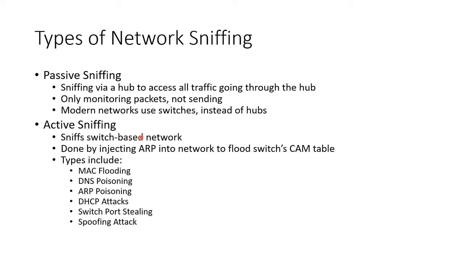So you have to ARP poison the switch in order to get the switch to give you stuff that is not meant for you. And we can do it by MAC flooding, DNS poisoning, ARP poisoning, DHCP attacks, switch port stealing, spoofing attacks. There are a bunch of active sniffing attacks that we can engage in.